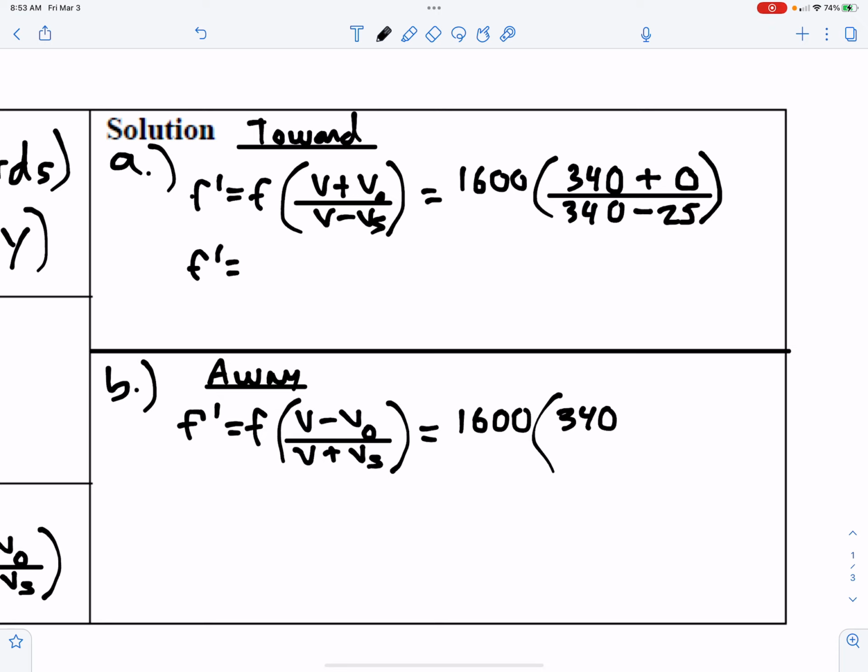So this would be 1,600 times 340 over 315, since 340 minus 25 is 315.